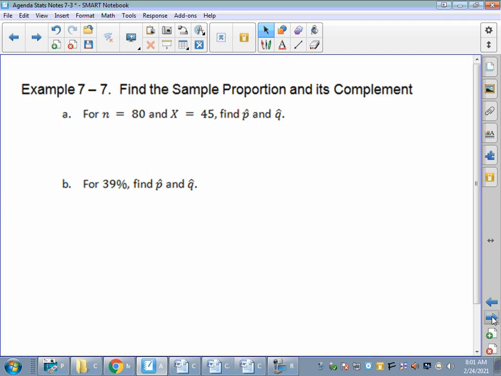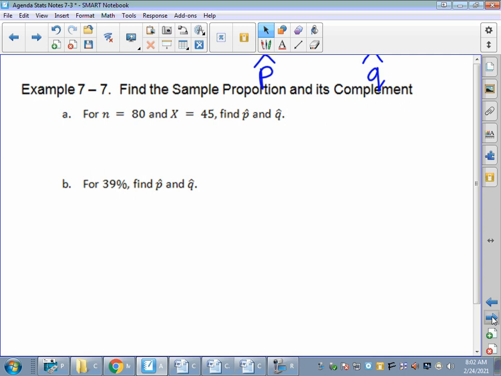So example 7.7, find the sample proportion and its complement. Sample proportion is P hat. The complement, the other side of it, remember, is Q hat. So if N equals 80, our sample size is 80, and 45 people is X. I always think people, but 45 people have the characteristic that we're looking for.